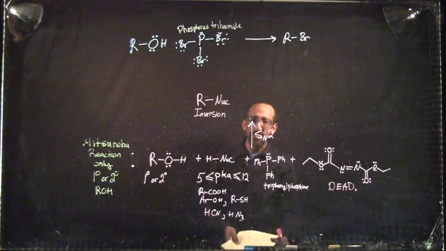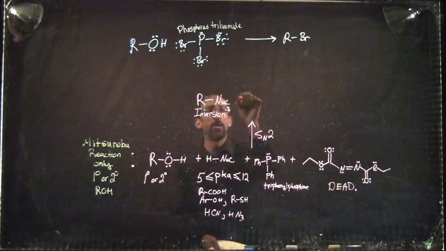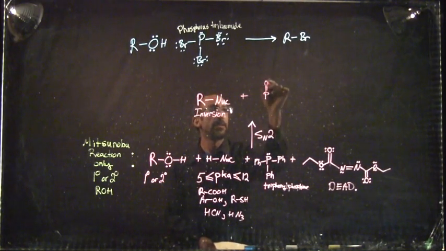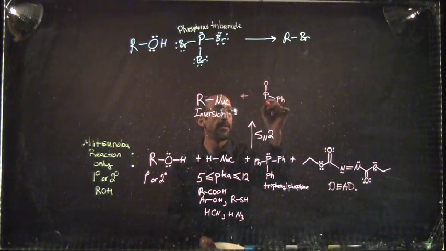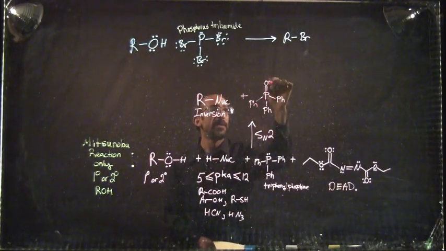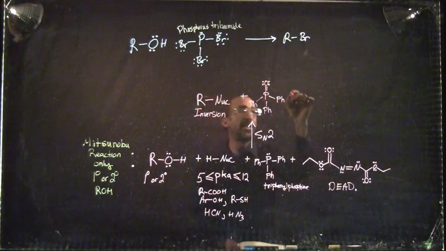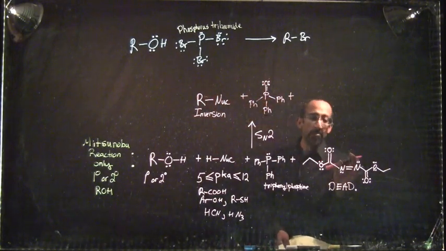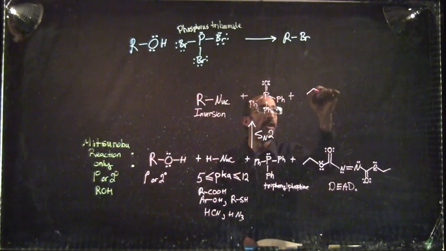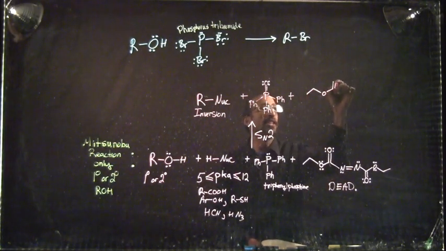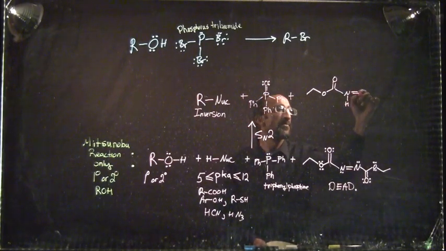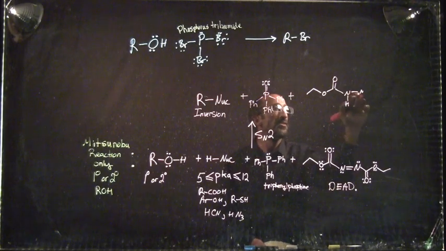Our byproducts from this reaction are going to be triphenylphosphine oxide, and we're actually going to end up protonating both of the nitrogens on DEAD to give our second byproduct, which has a structure that looks like this. Excuse me, single bond there.